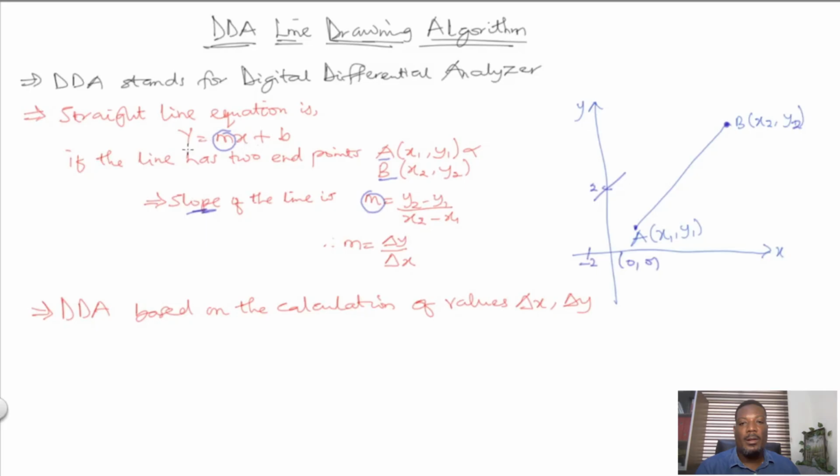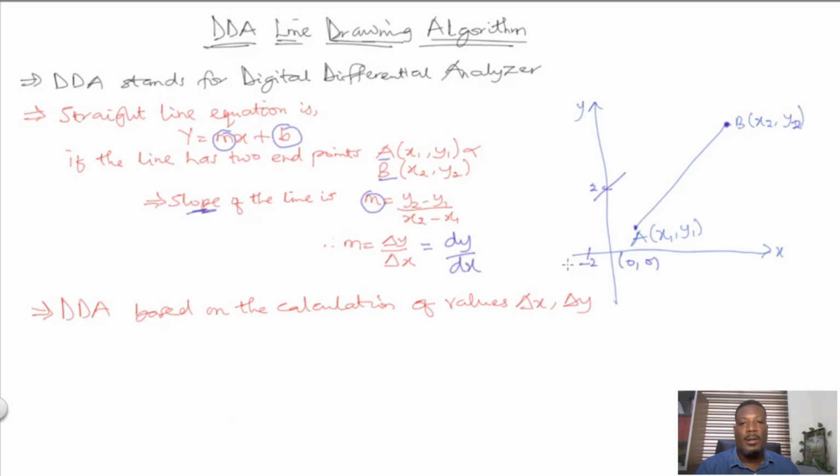In the equation y equals mx plus b, b is termed the y-intercept. The difference in y over the difference in x can also be represented as change in y over change in x, or dy/dx.